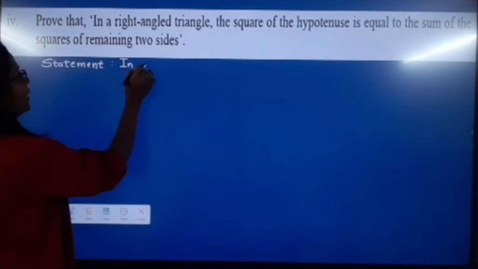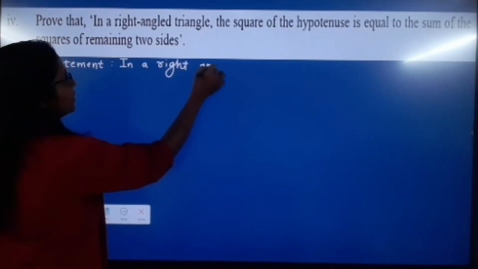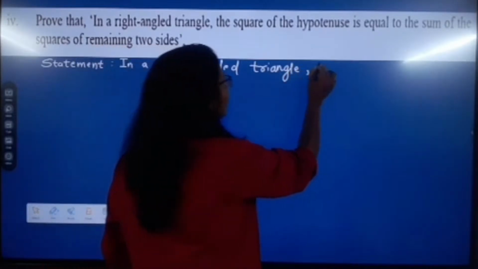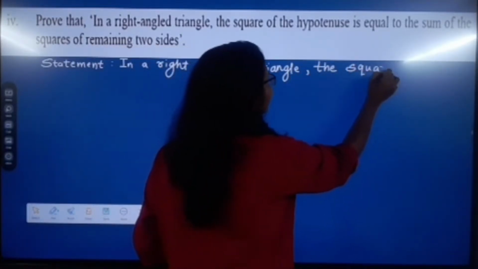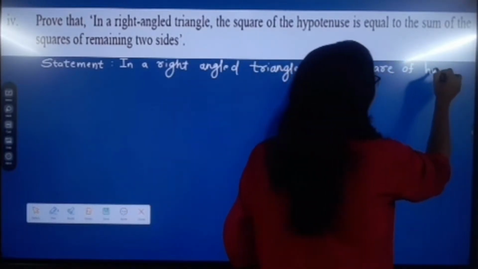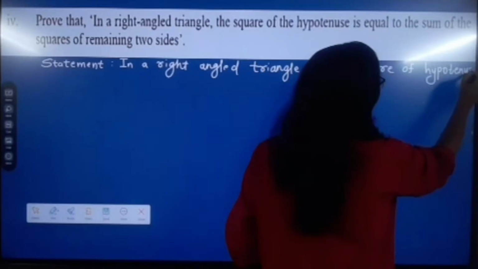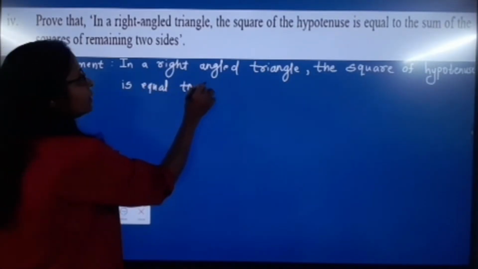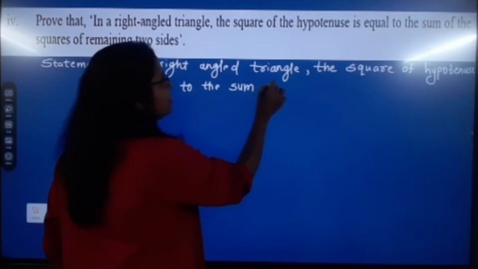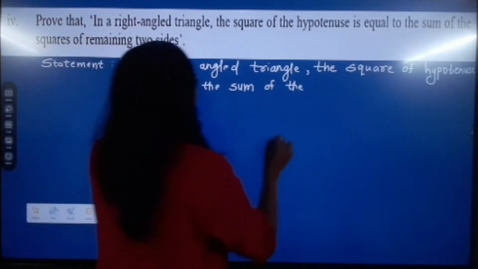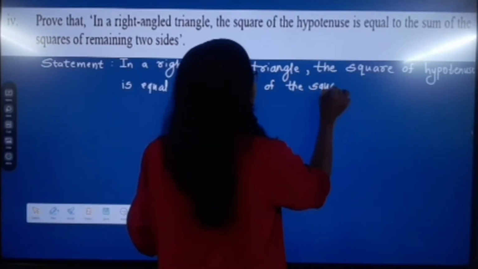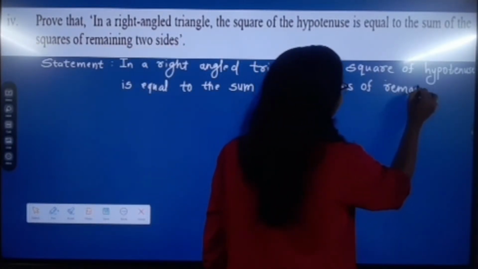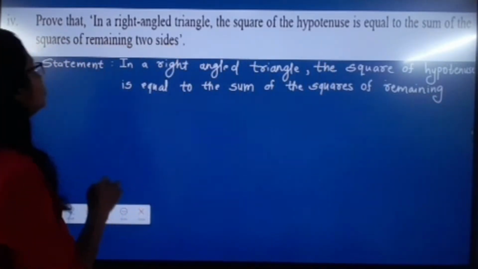Statement: in a right angle triangle, you have to write it as it is, students, the square of the hypotenuse is equal to the sum of the squares of the remaining two sides.